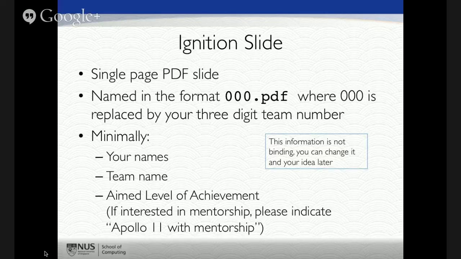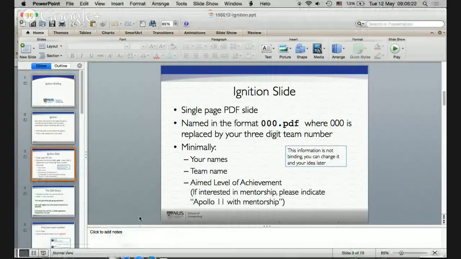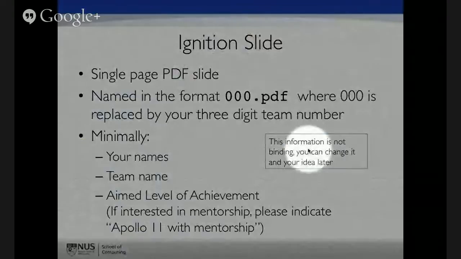Now, very importantly, this information is not binding. Meaning that you can change it later. Okay. You can change your team name. You can change your achievement level. Even if you don't like your partner, you can get rid of them. Okay. And then you can replace it with someone else.